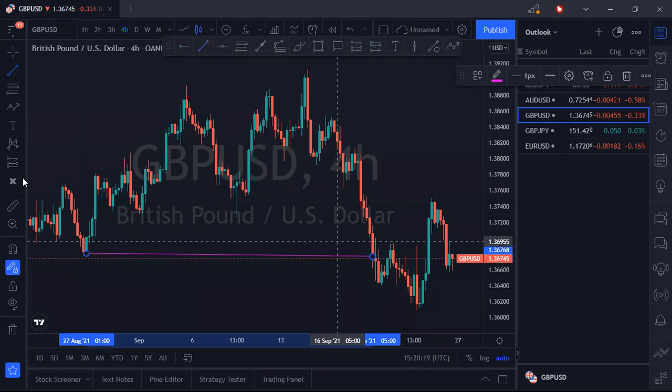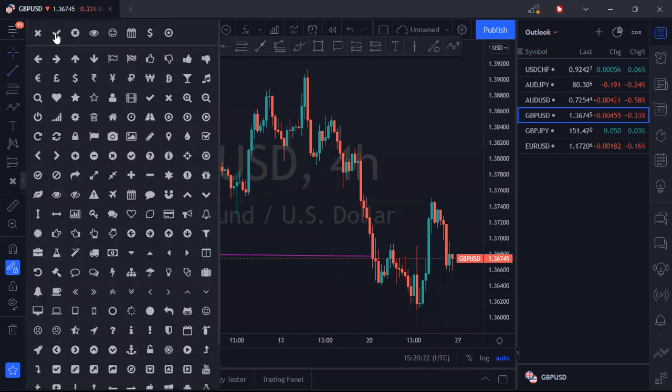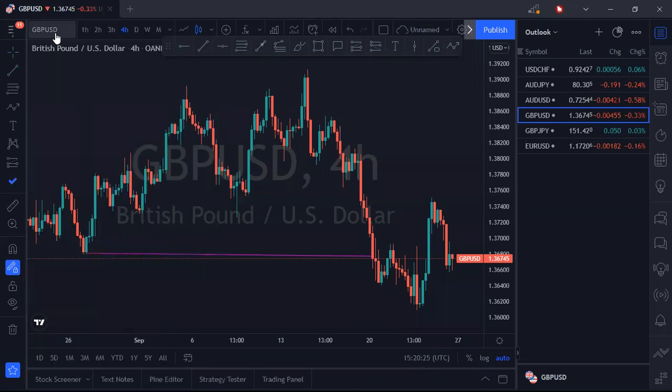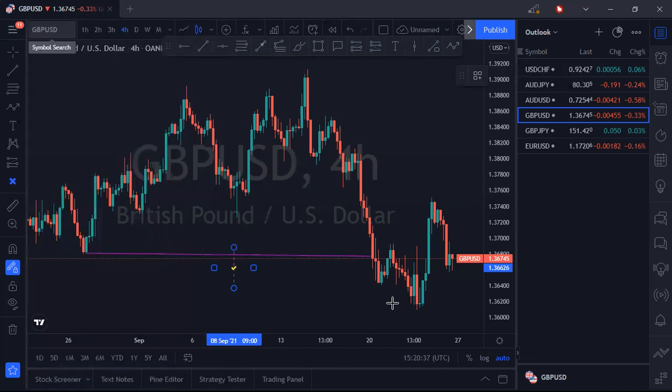Liquidity has been taken out. So once liquidity has been taken out in here, it will become difficult for market makers to break the zone.